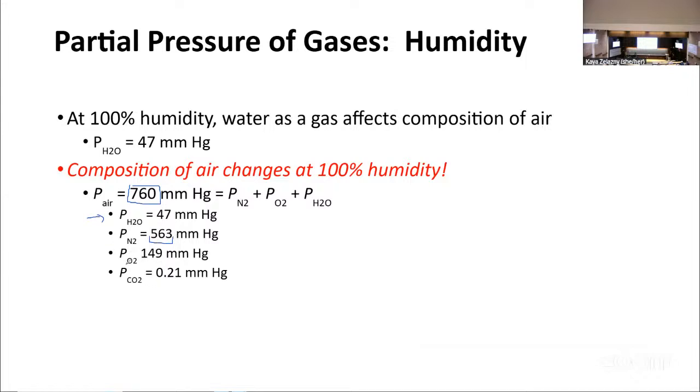Partial pressure of oxygen before was at 160, and we're down to about 150. As we are moving into the lungs, we're going to be thinking about carbon dioxide soon. So I'm going to point out that we have this really wimpy little partial pressure of carbon dioxide as we've humidified this air, still only 0.21 millimeters of mercury at this point.